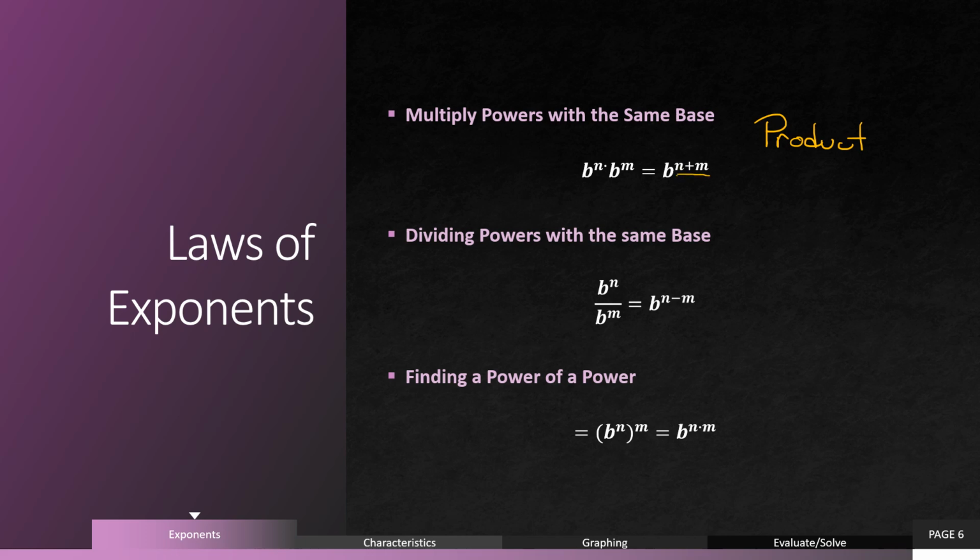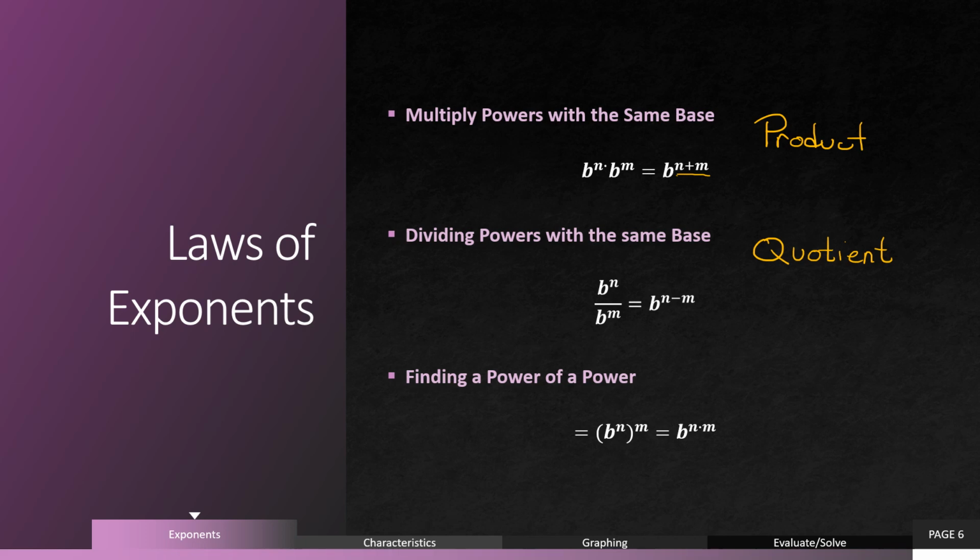It's much simpler. For dividing, we have a quotient rule, which is a similar idea. Since I'm going to cancel out m factors out of n, I'm just going to subtract them away.